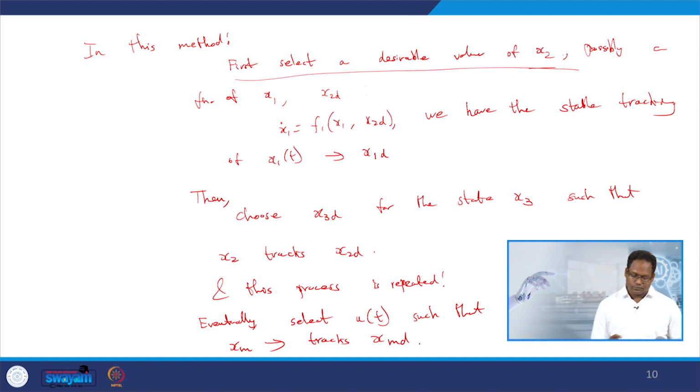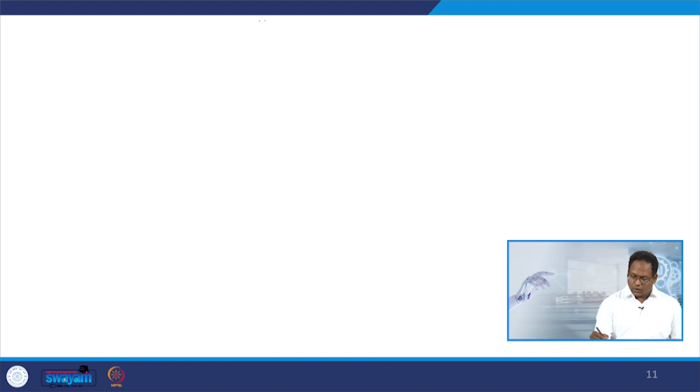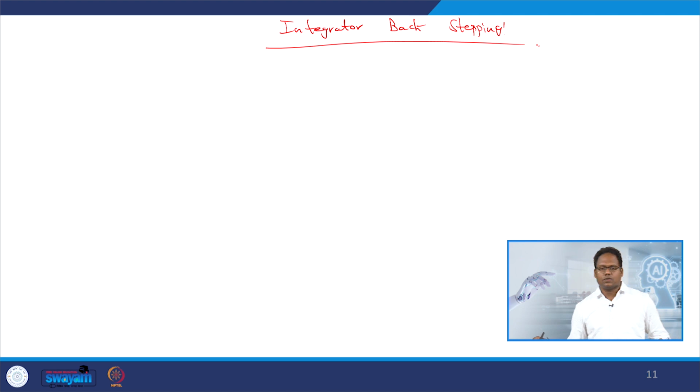That is all. Now, let us talk about integrator backstepping. Integrator backstepping allows us to have Lyapunov function candidates in order to provide a stable control of special cases of nonlinear systems.